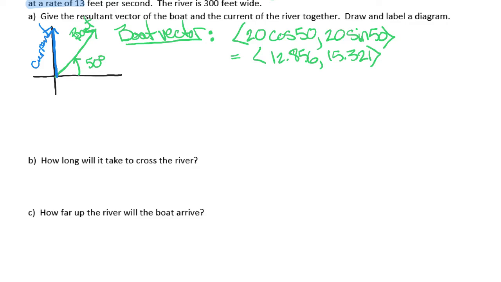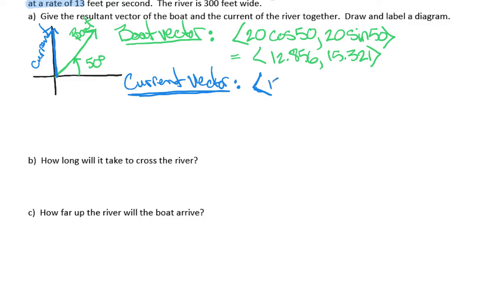Okay, and then we need to find the current vector. So again, we're going to do magnitude times the cosine for the x component, and then the magnitude times the sine for the y component. Now, it says upstream. Well, what angle measure would that be? That's going to be 90 degrees.